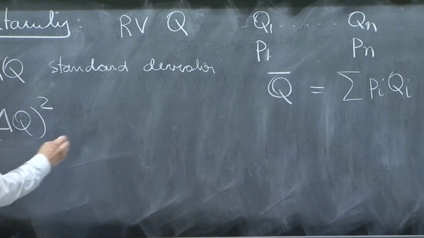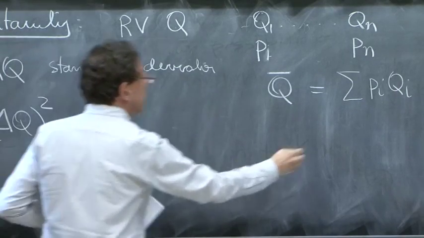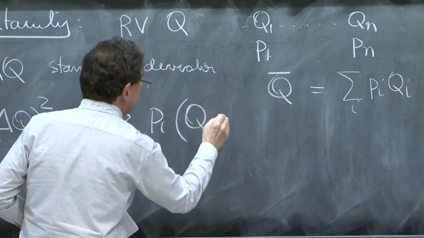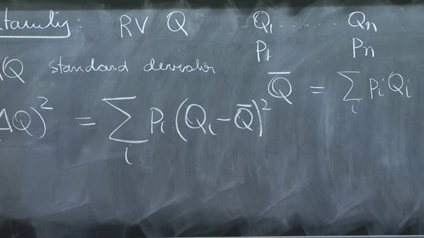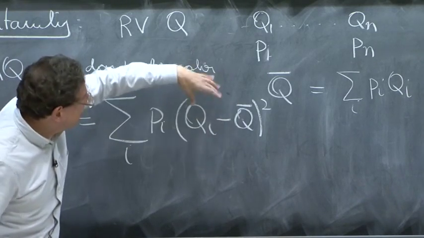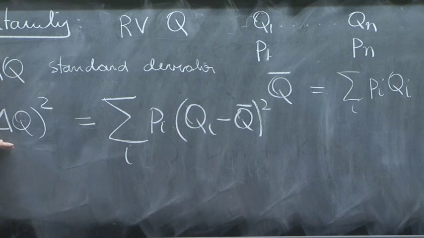So the uncertainty squared is the expectation value, sum over i, of deviations of the random variable from the mean. So you calculate the expected value of the difference of your random variable and the mean squared, and that is the square of the standard deviation.